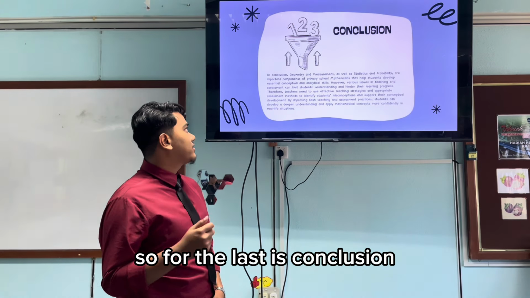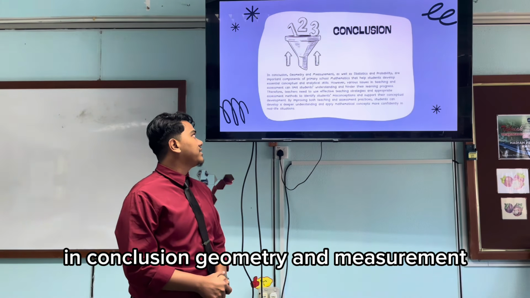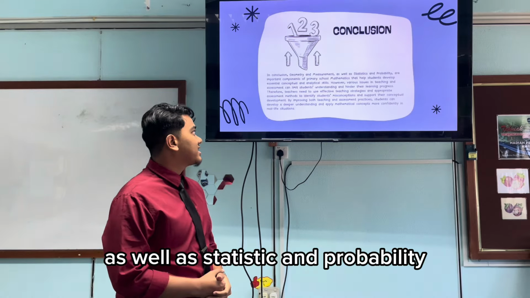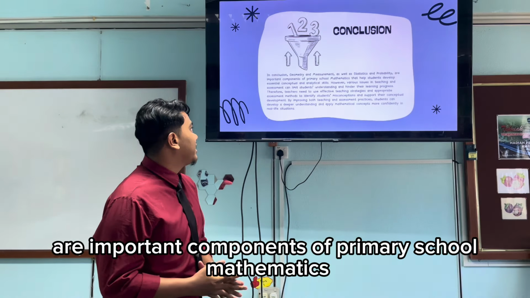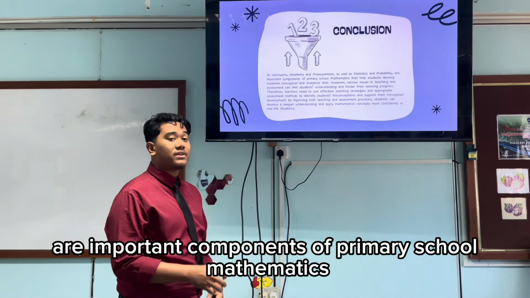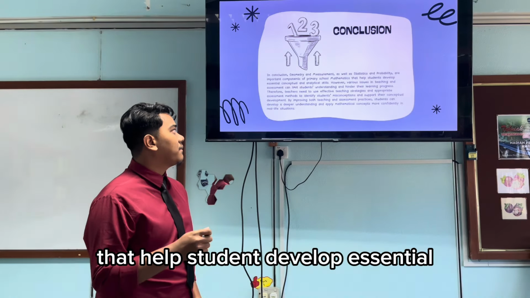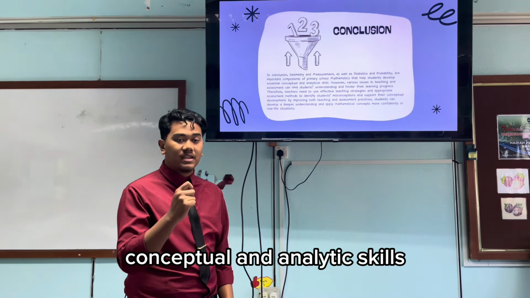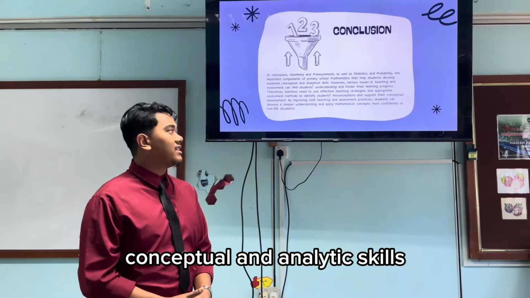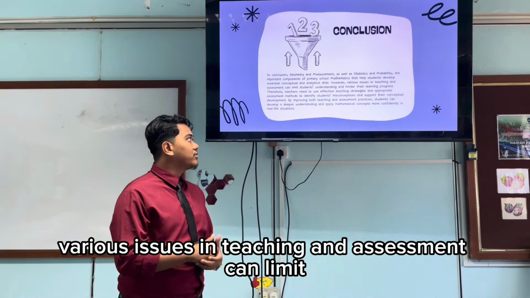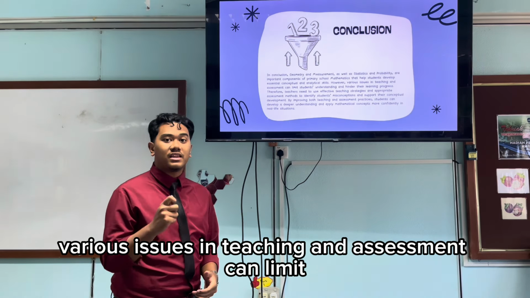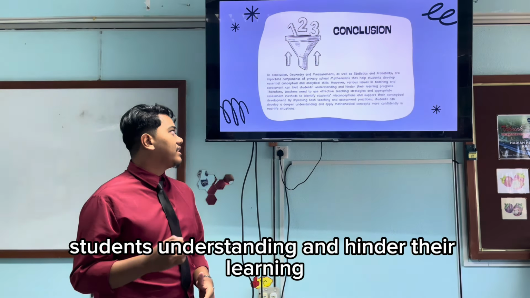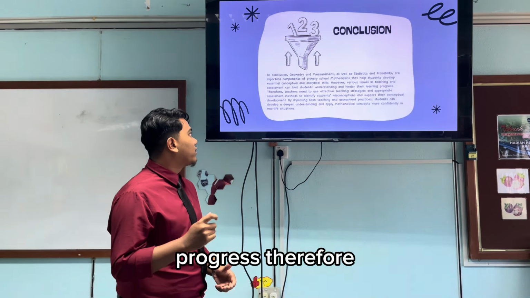So for the last is conclusion. In conclusion, geometry and measurement, as well as statistics and probability, are important components of primary school mathematics that help students develop essential conceptual and analytic skills. However, various issues in teaching and assessment can limit students' understanding and hinder their learning progress.